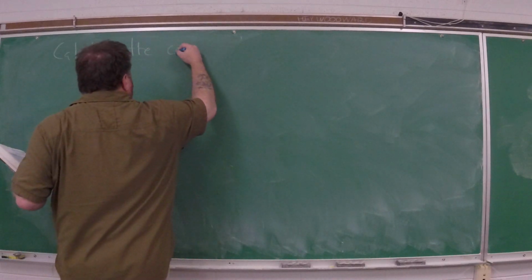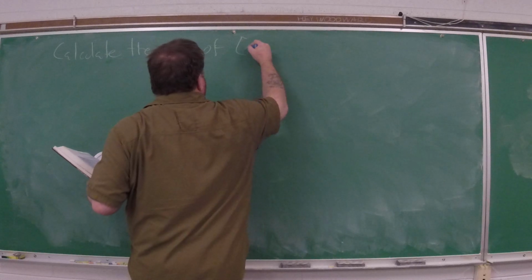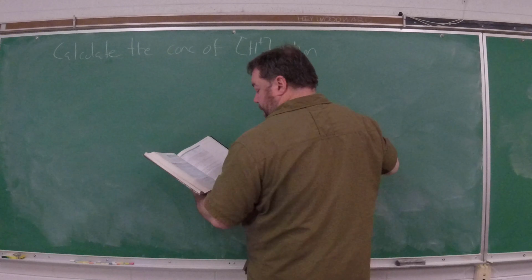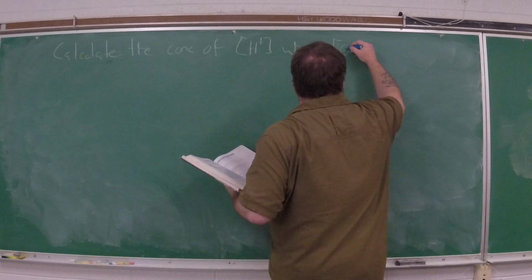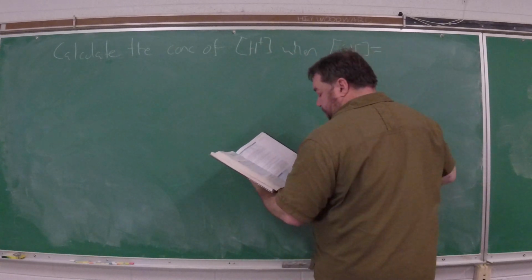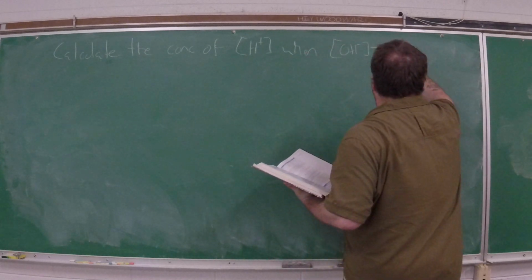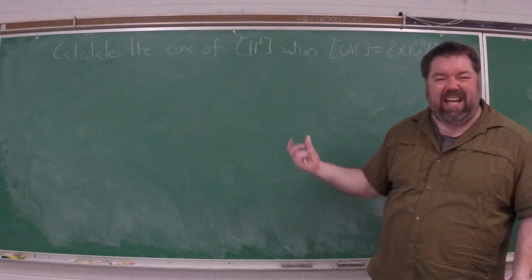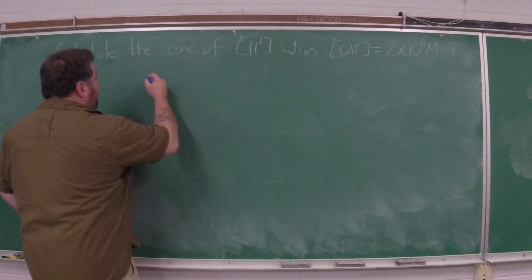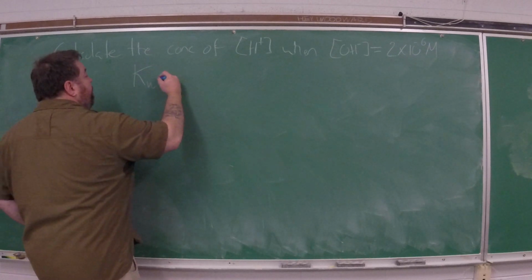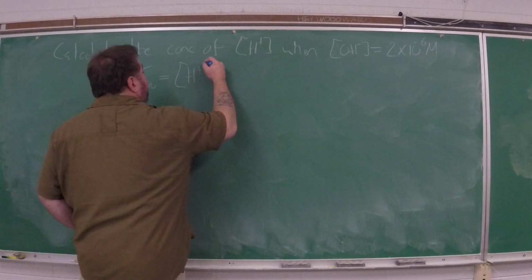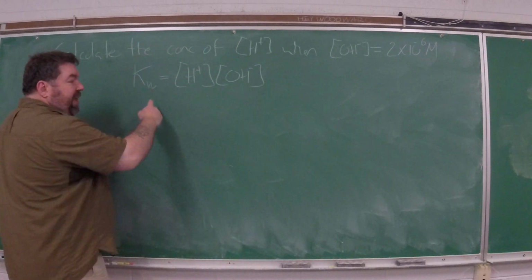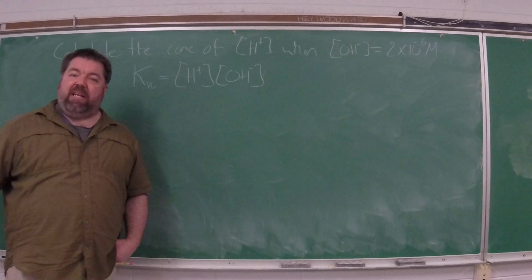Calculate the concentration of H plus when the OH minus concentration equals 2 times 10 to the minus 6 molarity. Right? This is actually pretty easy. So we have our KW equation. KW is always 1 times 10 to the minus 14.